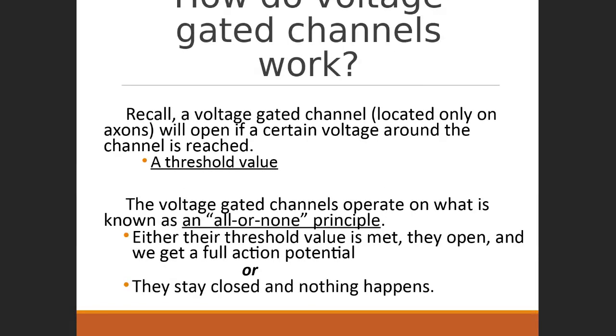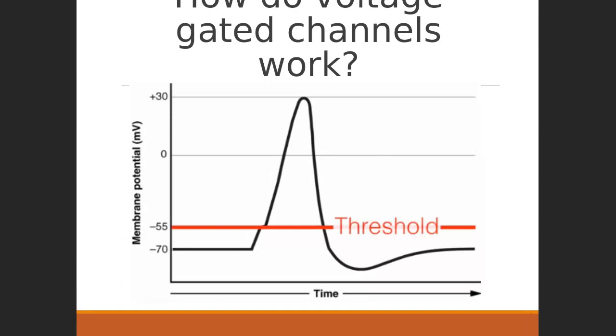Each of those has its own threshold value. Each of them operate as an all or none. Those things aren't changing. And working together, we get our typical action potential pattern. So let's break down this action potential now and look at what happens with each of those types of voltage gated channels to give us what we see.